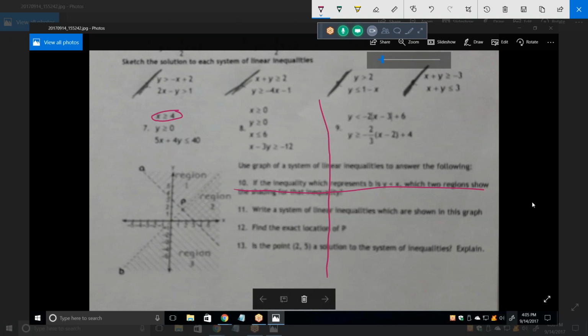So when you look at an inequality, our first goal is to figure out how to graph the equation. So x equals 4 is a vertical line going through the coordinate 4 on the x-axis. Now, when it says x is greater than, which side do I shade?